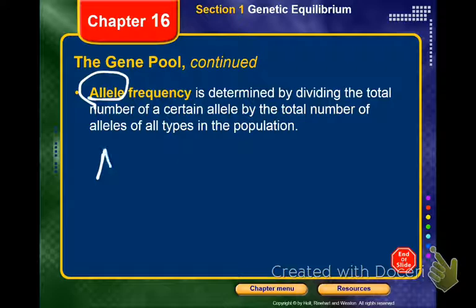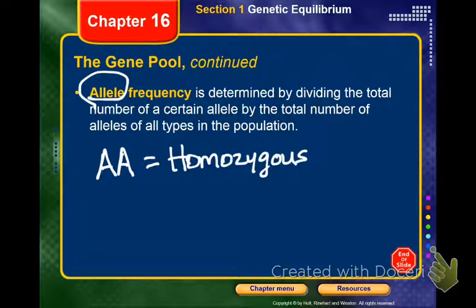What if you're carrying 2 dominant traits? What do we call that? Homozygous. There we go. This is homozygous dominant.